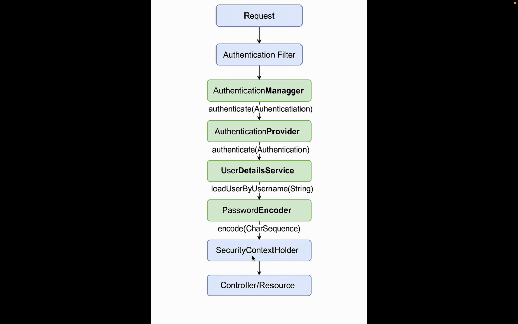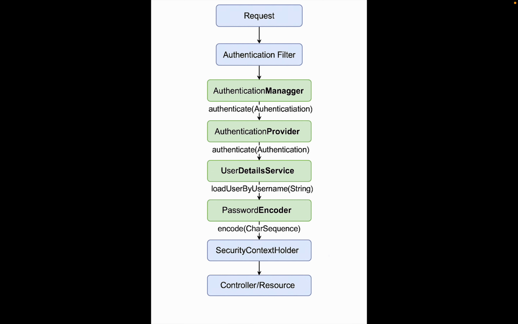But if the user is completely not a registered user, not a valid user, the email might not be correct, or the password is not correct, or maybe the user is completely not providing the authentication objects, like the JWT and username and password, then we'll completely return back the 403 error response to the user.